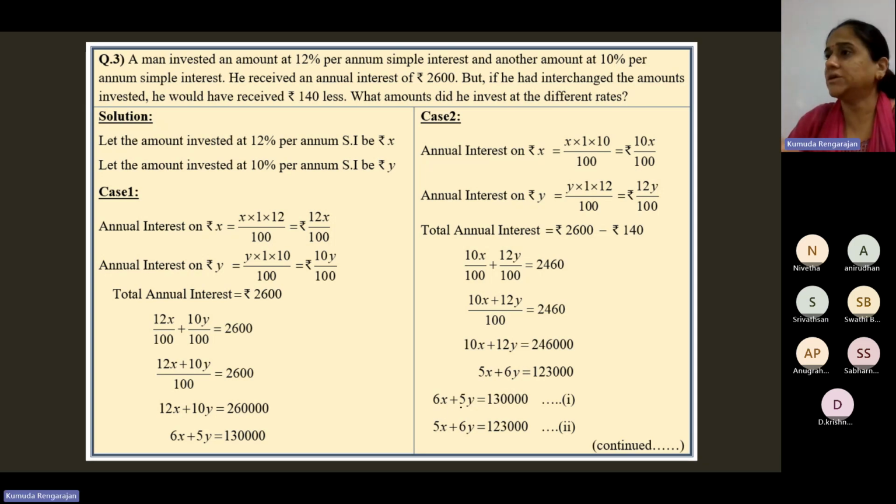You can also do the elimination method or the substitution method. If you do it like this, it may save your time. Sometimes the numbers are really large. So in that case, you can save time by using this method. Because when you add and subtract, you get really simple equations. So it's easy to solve them and find the values of x and y.